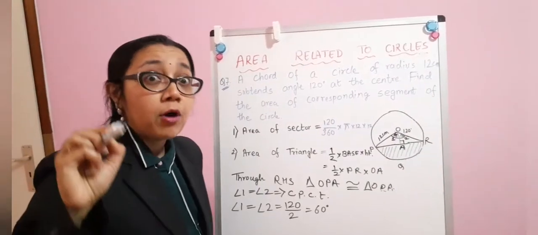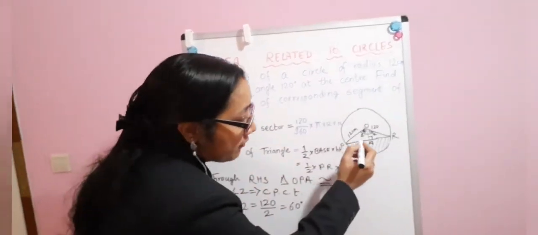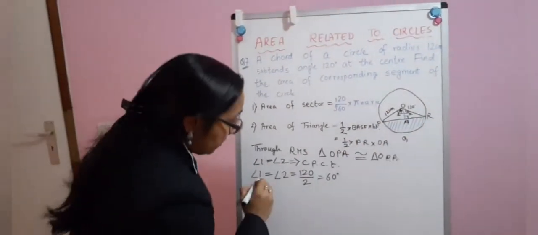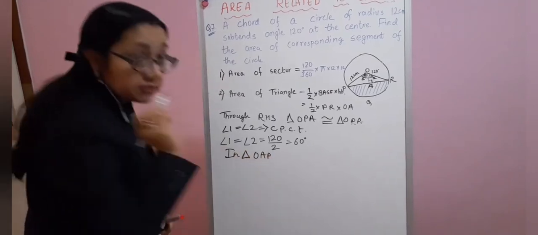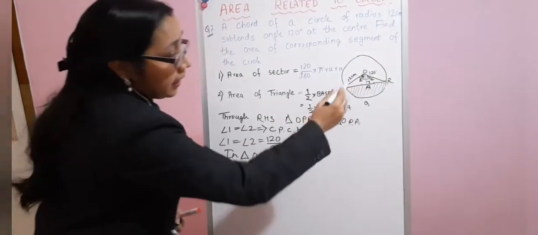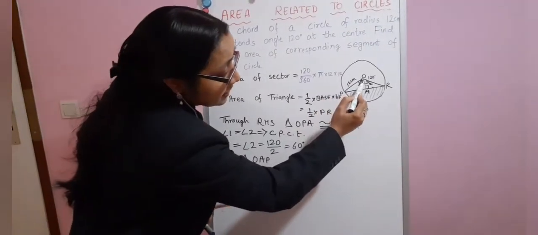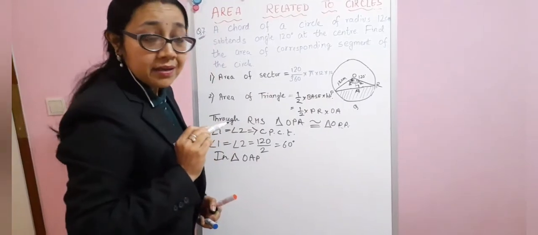Now, the next important step is we have to take the help of trigonometric knowledge, which you already know. Now, if you consider triangle OAP, I am only thinking about this triangle, angle OAP. You see that the opposite side of angle 1 is PA, right?